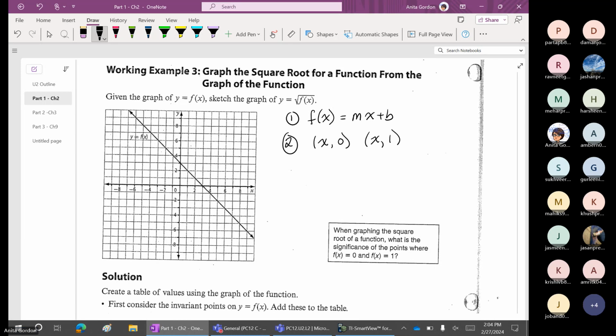I want you to sketch what you think the square root of f of x would look like without doing any point calculations, just looking at the invariant points here. I want you to identify the domain and the range.